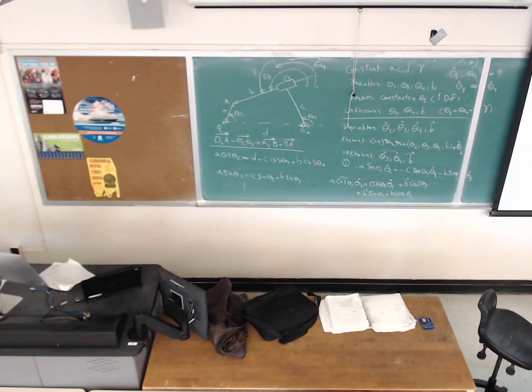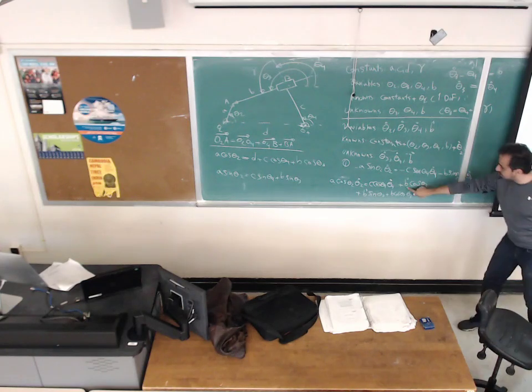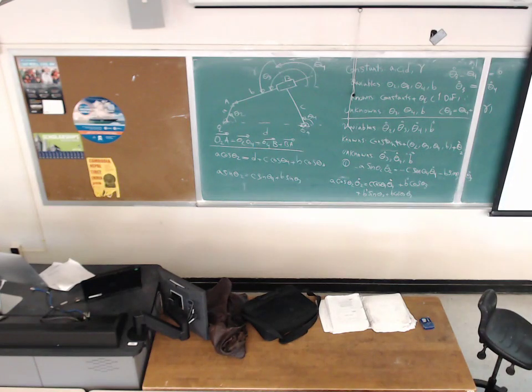Negative b sine of theta 3, which is theta 4 plus gamma, and theta dot 3 is equal to theta dot 4. And b dot cosine of theta 4 plus gamma equals negative a theta dot 2 sine of theta 2.